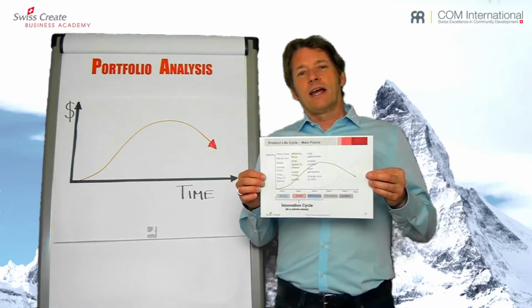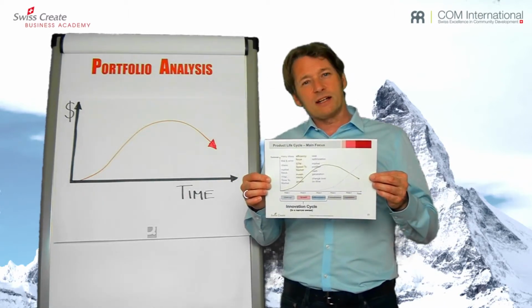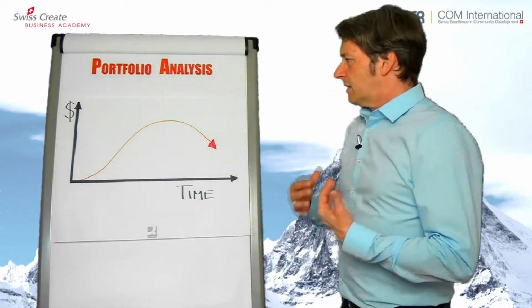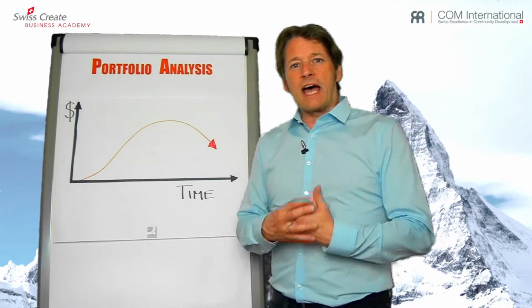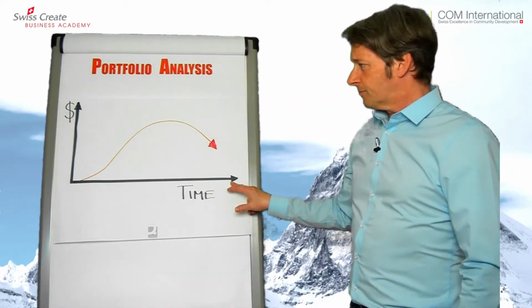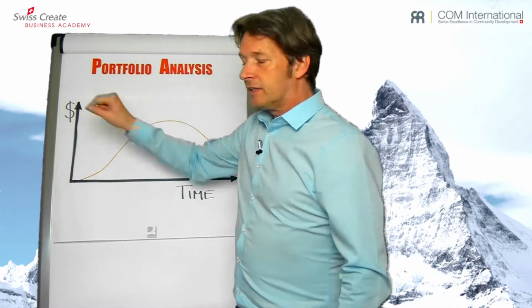In your handout, you will find this chart. It's called product life cycle. And the product life cycle says us the relationship between turnover and time. What does it mean? Here we have the axis with time. And here we have the turnover increasing.